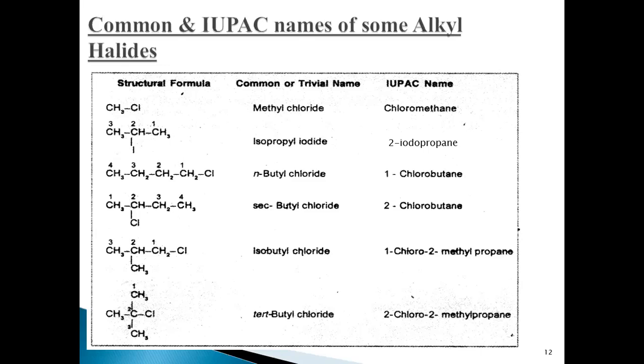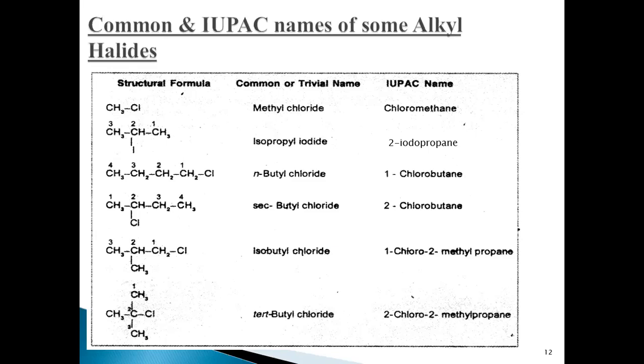Therefore, the chain name is propane. Which halogen is present here? Iodine. At which position? At the second position. Therefore, the name of this compound is 2-iodopropane and the common name is isopropyl iodide.